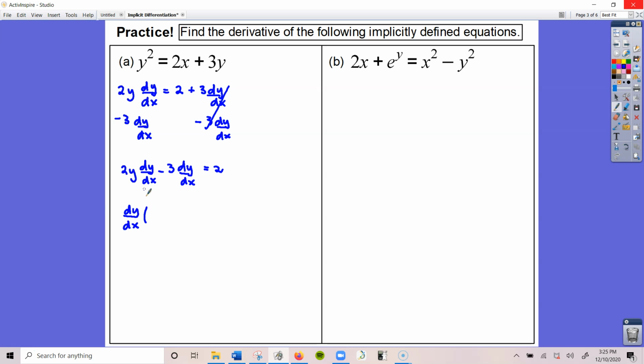And when you factor it out, we're left with 2y minus 3, which is equal to 2. And our final step now to solve for dy/dx would be to divide by 2y minus 3. So our derivative answer, dy/dx, is equal to 2 over 2y minus 3.